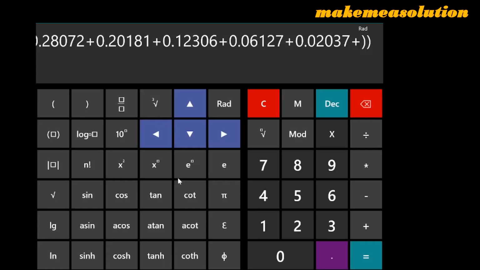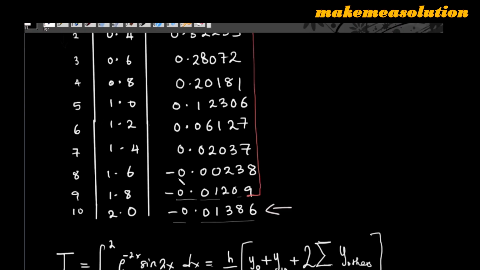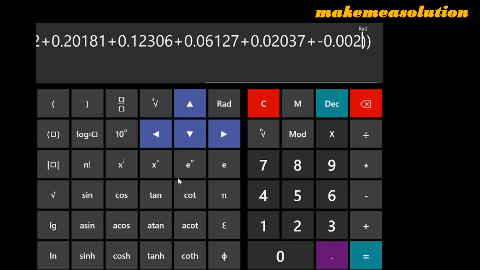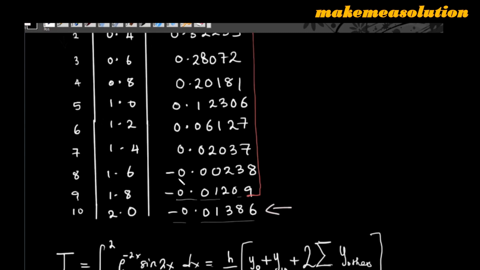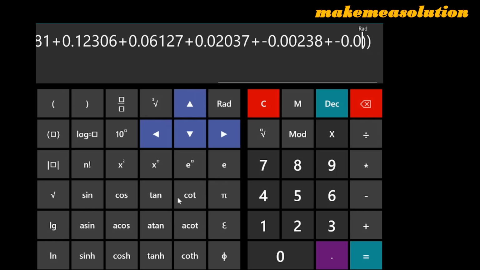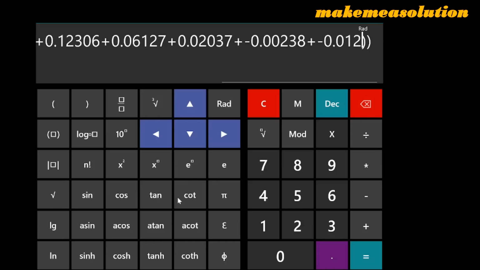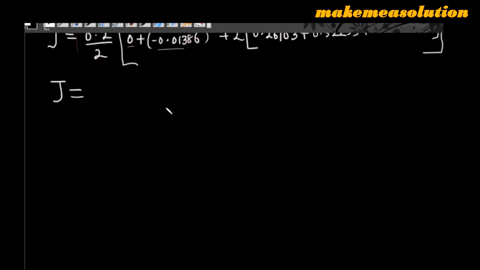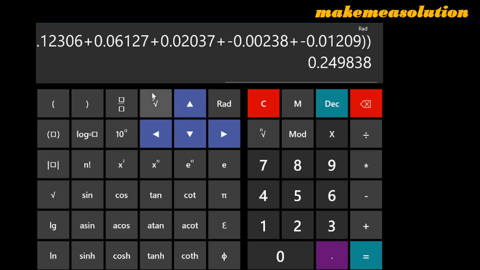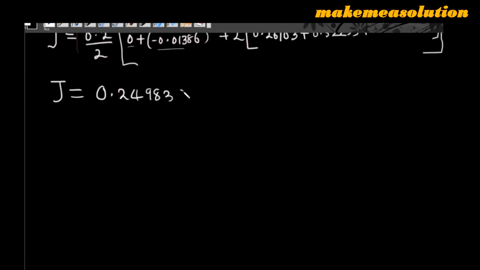Okay, so plus minus 0.00238, and I have plus minus the last one, which is 0.01209. So when we finished evaluating it, we got 0.249838 approximately. So we have 0.249838 as the value of our integral.